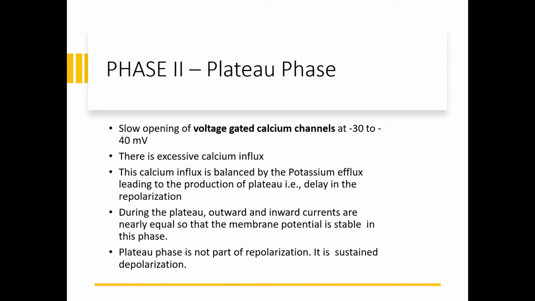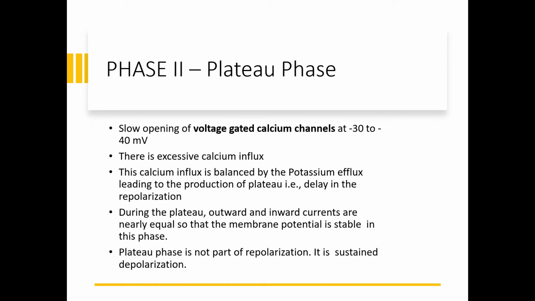The plateau phase basically has two main things happening. First, the slow voltage gated calcium channels will open and calcium will move from outside to inside the cell. At the same time, potassium will keep moving outside the cell. As a result, there is a straight line, which is the balance of the movement of positivity from inside to outside and from outside to inside.